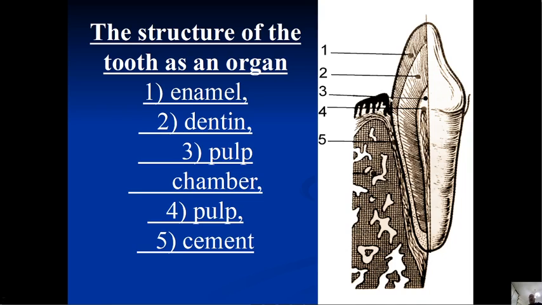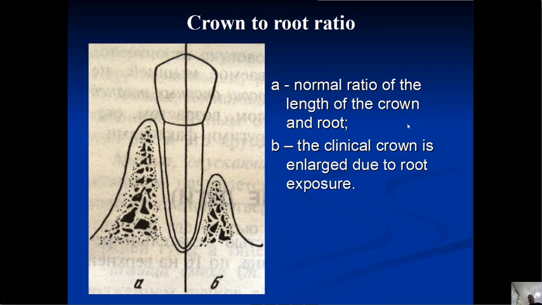So besides enamel and cement, here also dentine, pulp chamber, and the pulp itself. Yes, here you can see the crown to root ratio. For example, if we have this situation, the clinical crown will be this size.